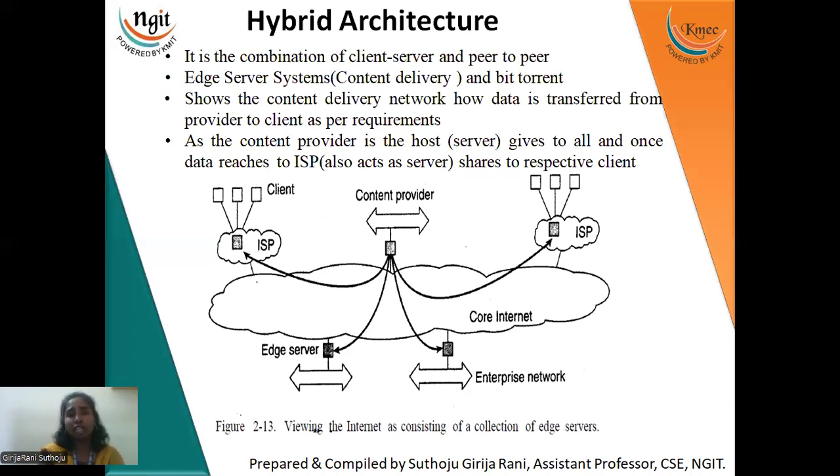And now if you have one example as an internet service provider. See, internet service providers will be connecting to a content provider as a server. Now, ISP and ISP can communicate directly, and every ISP will be having n number of clients to communicate with this ISP server. So like this, it is a combination of both the client-server and peer-to-peer combination.